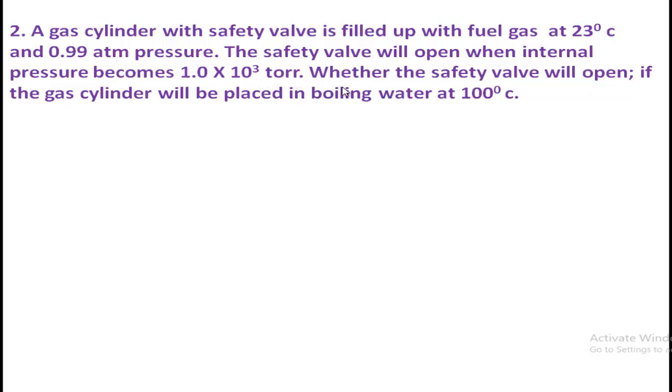This is also a unit of pressure. Will the safety valve open if the gas cylinder is placed in boiling water at 100 degrees centigrade? That means T1 and P1 and also T2 are given.